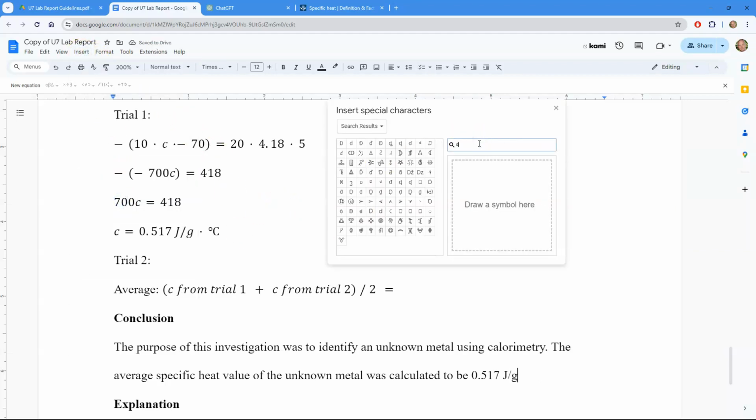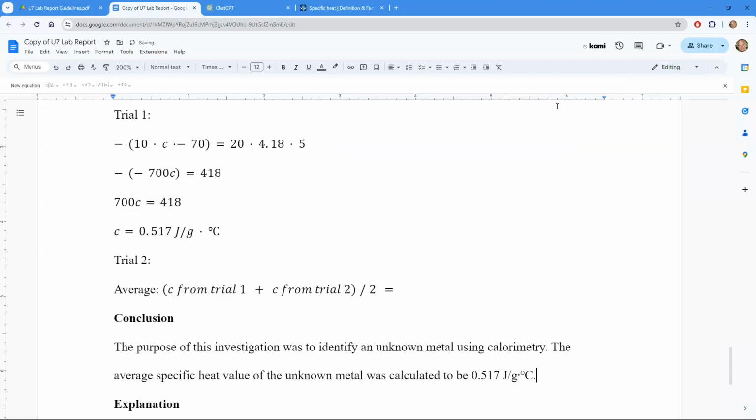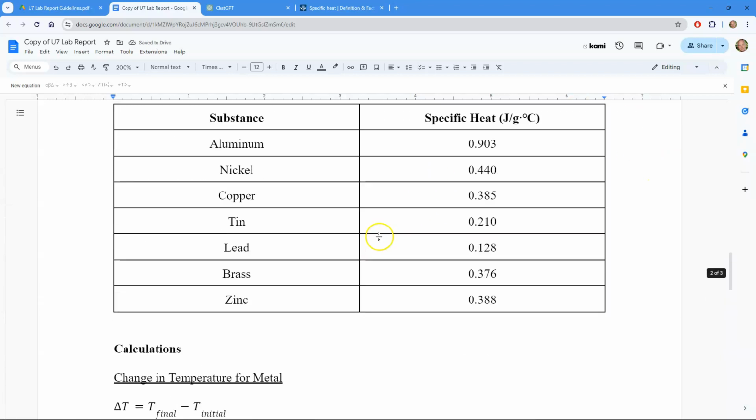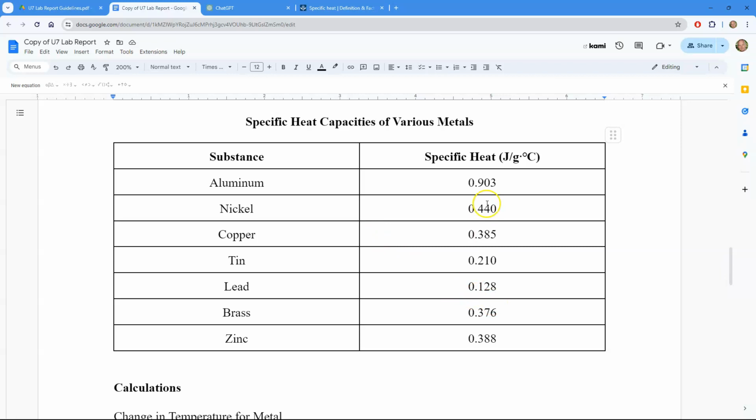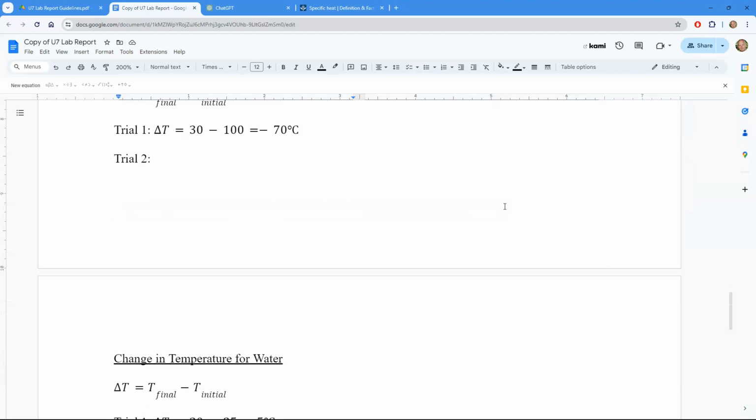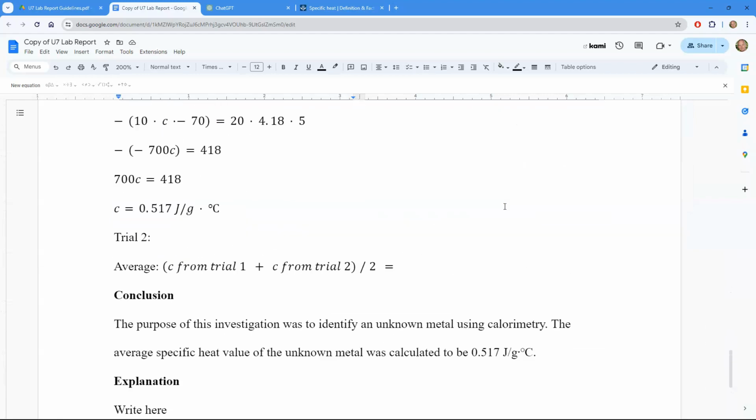So we calculated an average specific heat value of 0.517. And let's go look at the data table. So it looks like it falls between aluminum and nickel. Nickel's too low, aluminum's too high, but it's in between the two. And it looks like it's closest to nickel. So I'm going to go with nickel for this example.